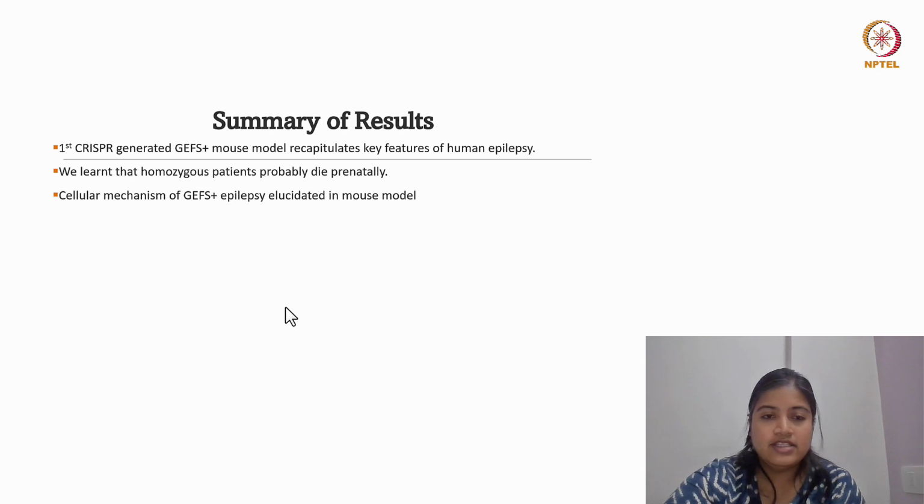The cellular mechanisms of GEFS plus epilepsy could be elucidated with the mouse model. We found that the neuronal firing is selectively impaired in the inhibitory neurons, whereas the excitatory neurons are not affected in this GEFS plus model.